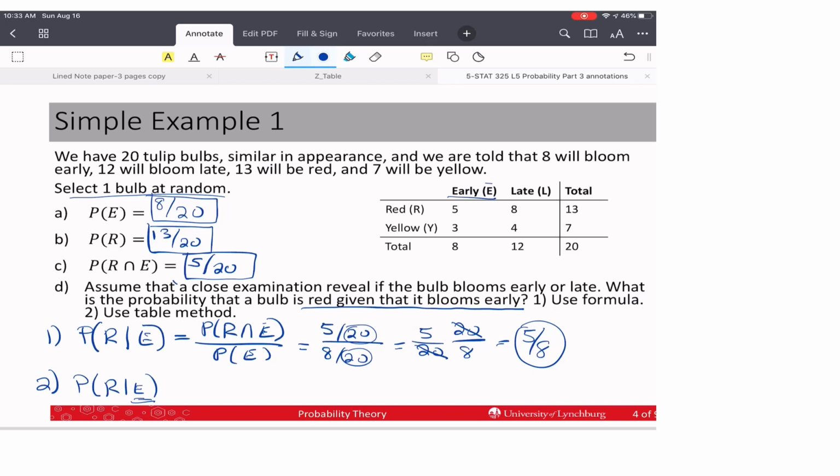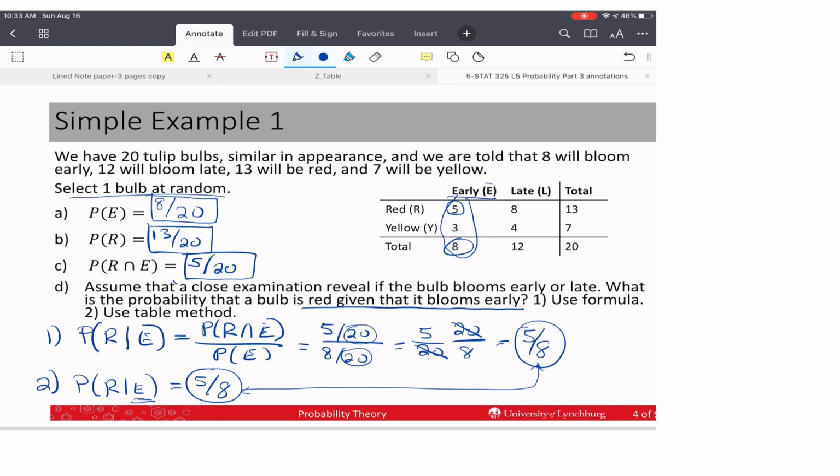So here's E. So now this becomes my new sample space. I don't care about anything else. I only care about if E is true. So now, given that E is true, what's the probability that I'm going to get a red? That's going to be 5 over 8. So please take a moment to think about that, and you see that you get exactly the same answer.